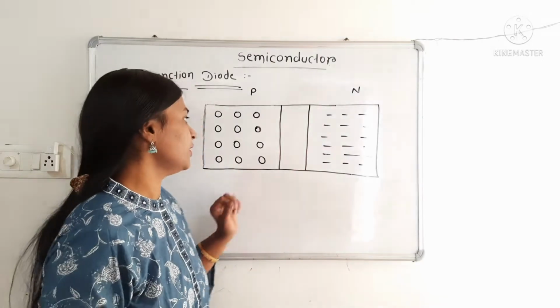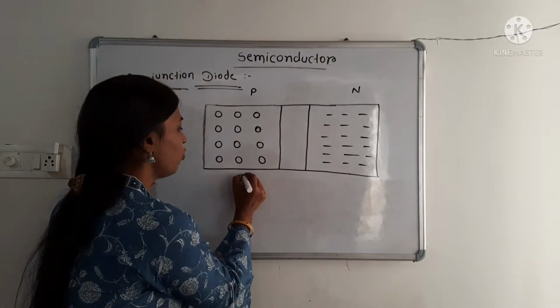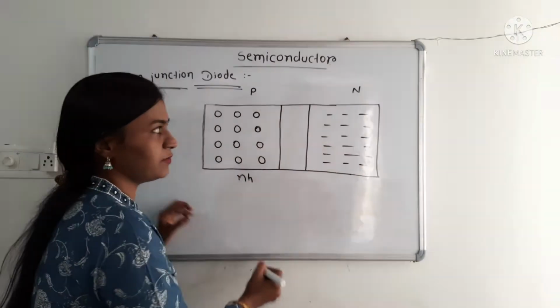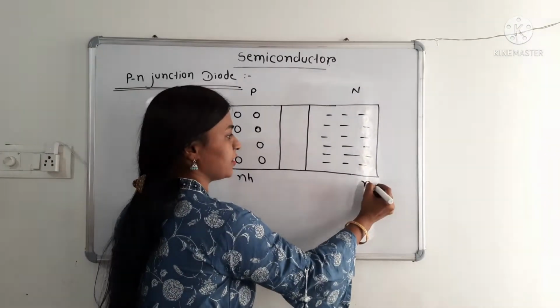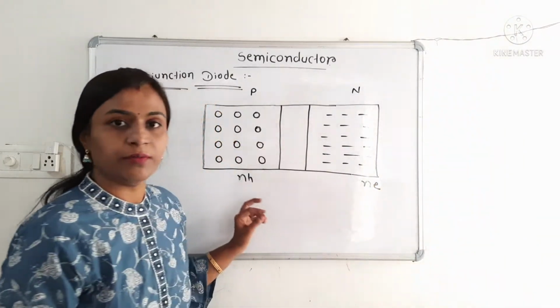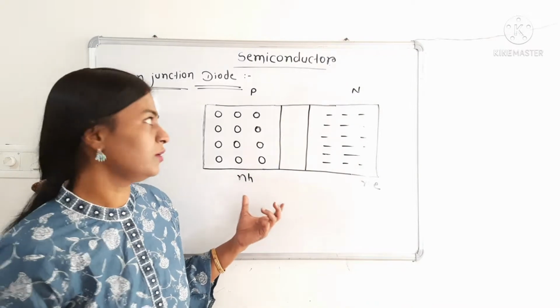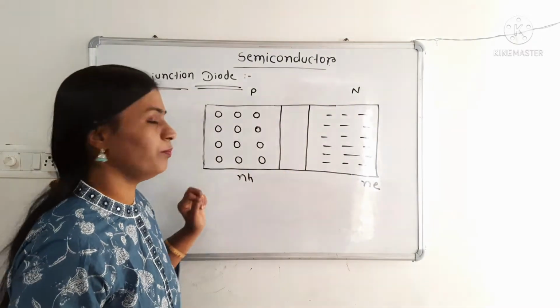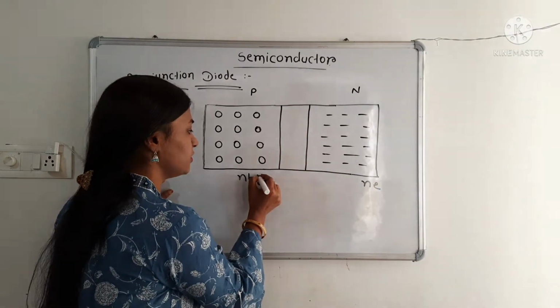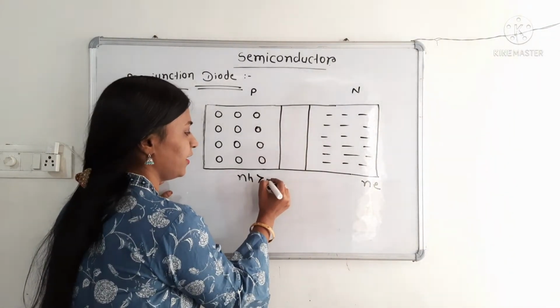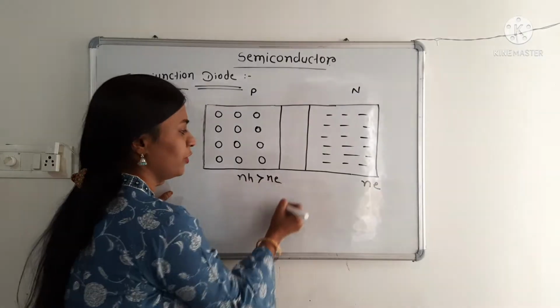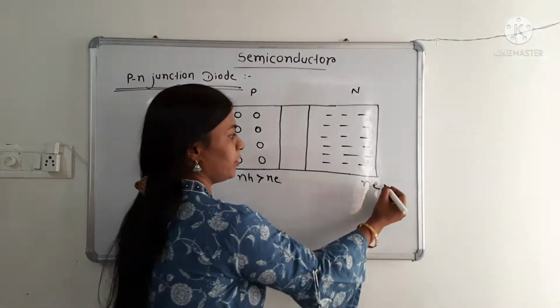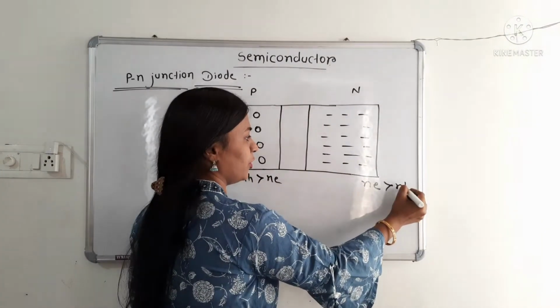In p-type semiconductor majority carriers are holes, and in n-type semiconductor majority carriers are electrons. In p-type the number of holes is greater than the number of electrons, and in n-type the number of electrons is greater than the number of holes.